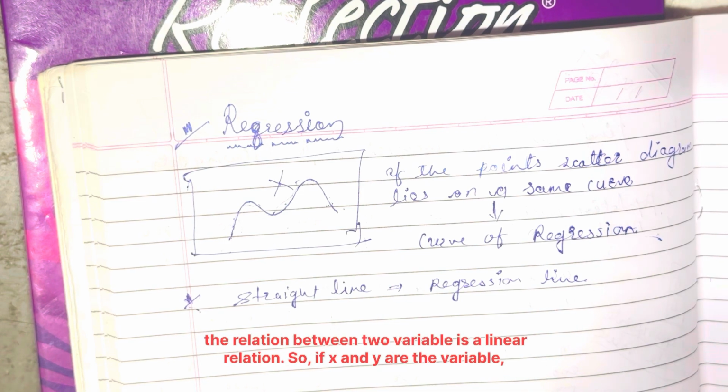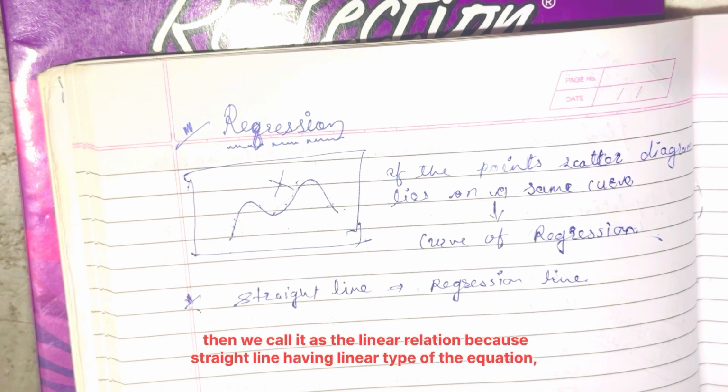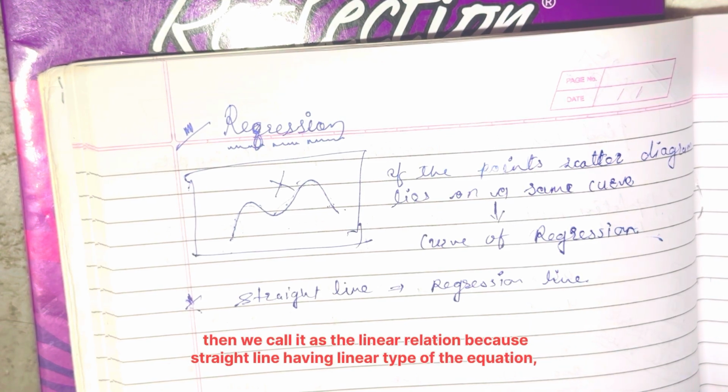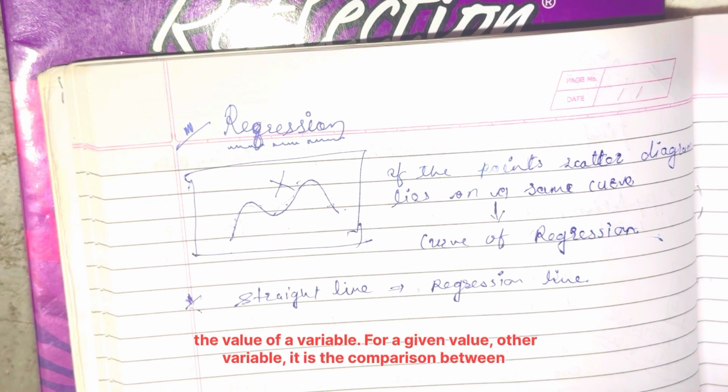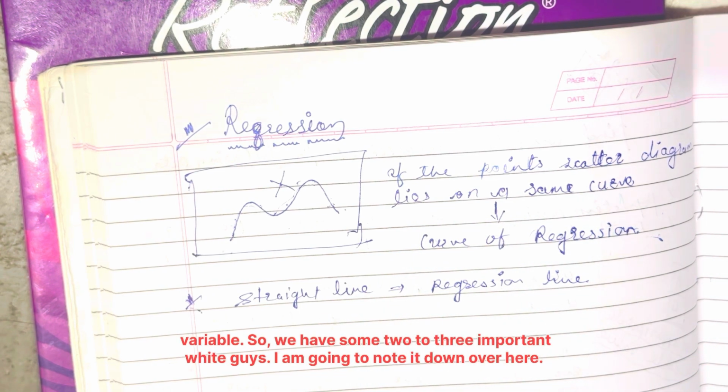In such a case, the relation between the two variables is a linear relation, because a straight line has a linear type of equation. Lines of regression are used for estimating the value of a variable for a given value of the other variable. It is used to estimate the value between variables.